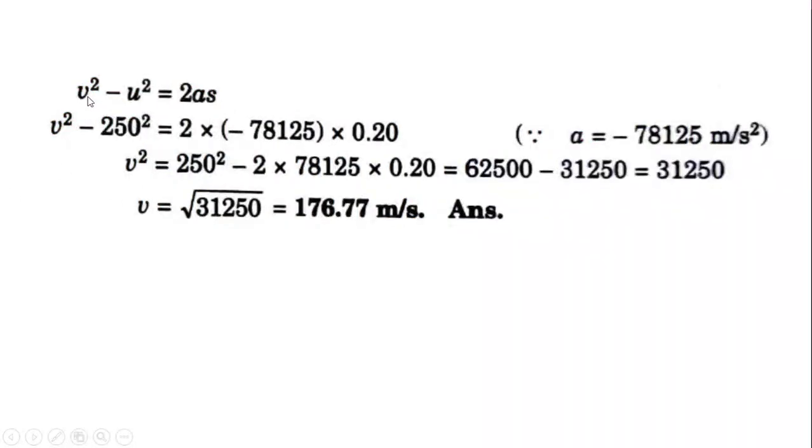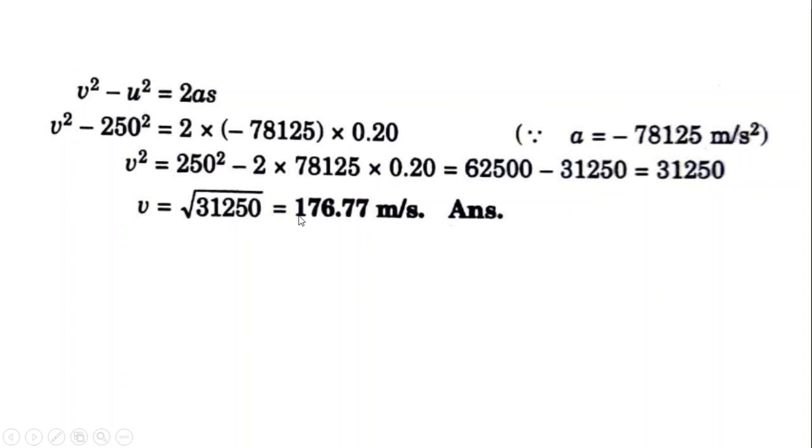Now using the equation v squared minus u squared equals 2as. Here u equals 250, a is minus 78125 meter per second squared, and s equals 0.2. Apply all the values into this equation and solve it. You will find the value of the final velocity, 176.77 meter per second.